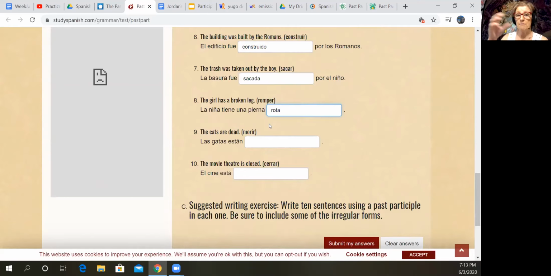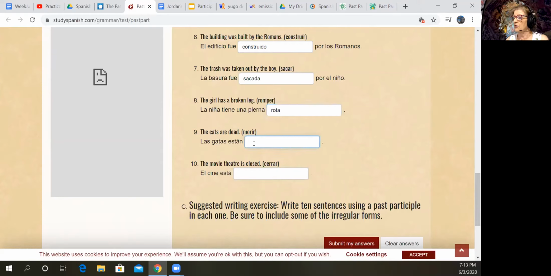And I'm just sticking that broken word right behind the noun, like I would stick pequeña or grande or any other word behind the noun. I wouldn't say the girl has a leg is broken. The girl has a broken leg. All I need is that word. I don't need estar there.